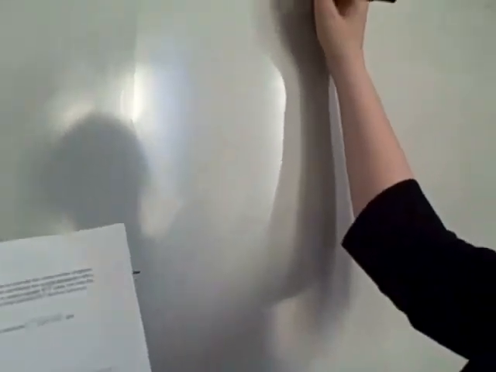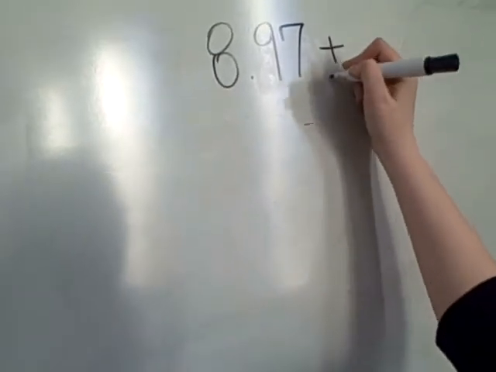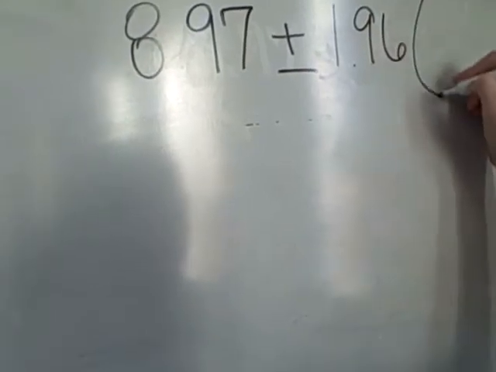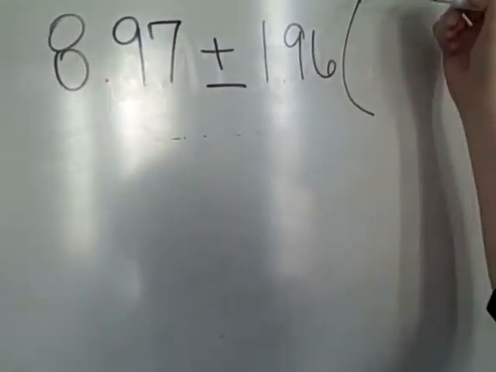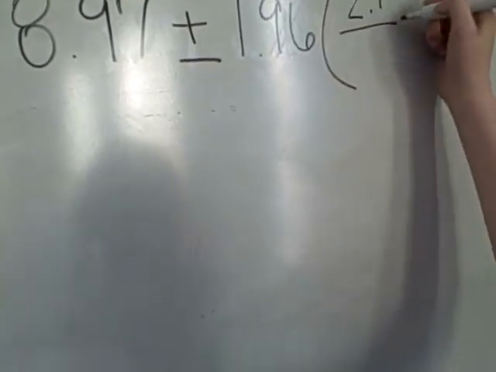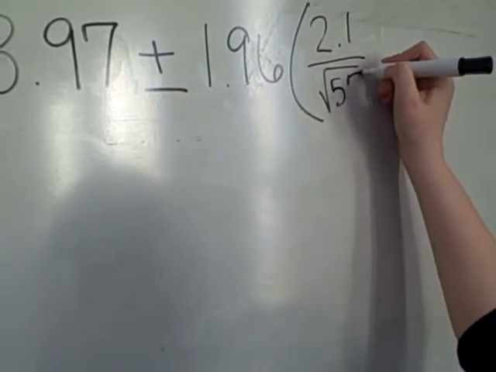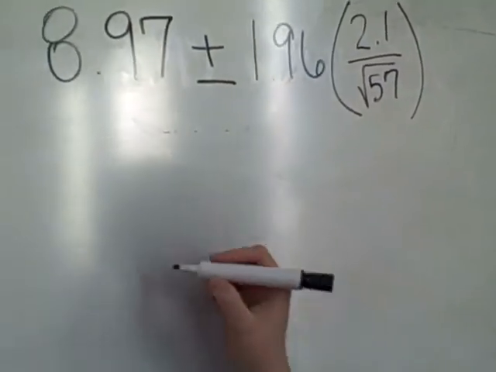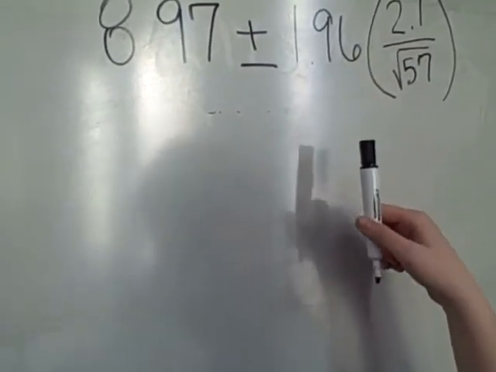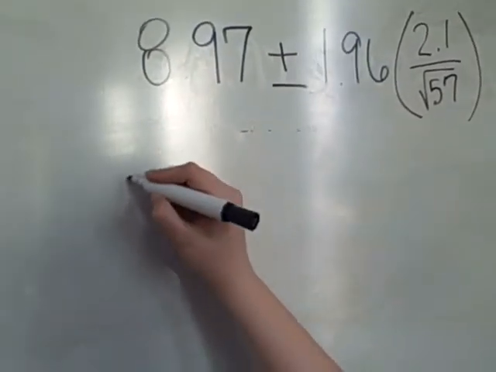We're going to take our mean, insert our Z-score, multiply that by the standard deviation, which is 2.1, and divide it by the square root of the sample size, which is 57. I'm going to solve for 8.97 plus 1.96 times 2.1 divided by the square root of 57 first.